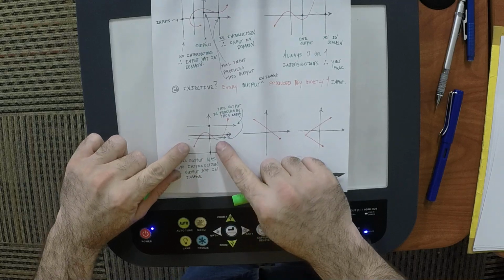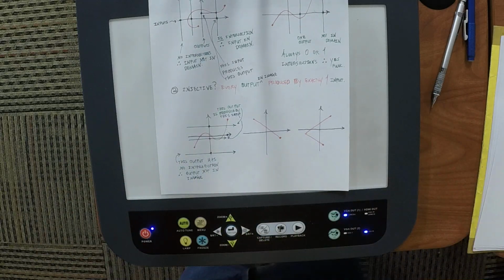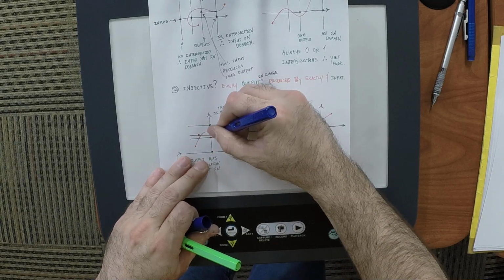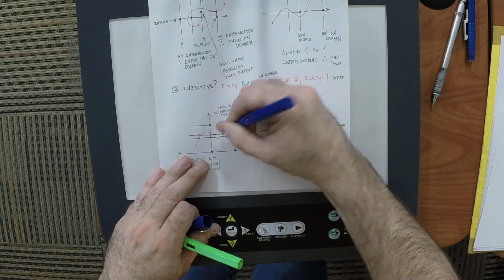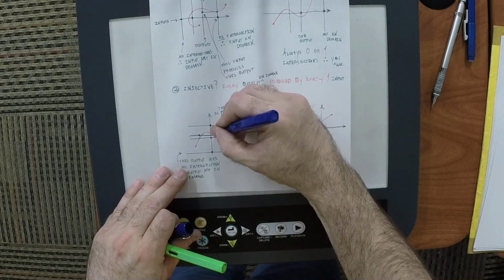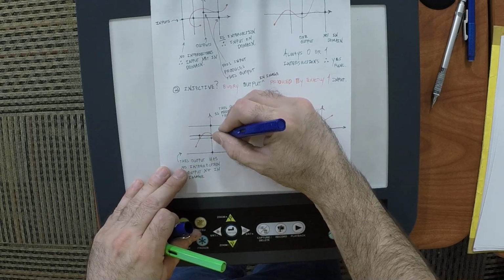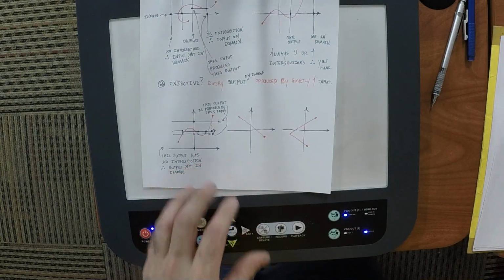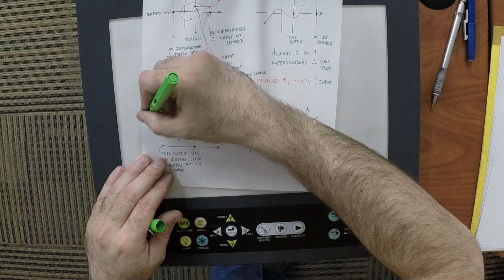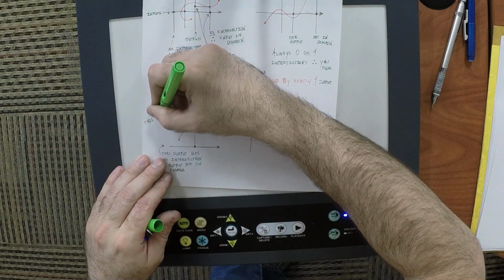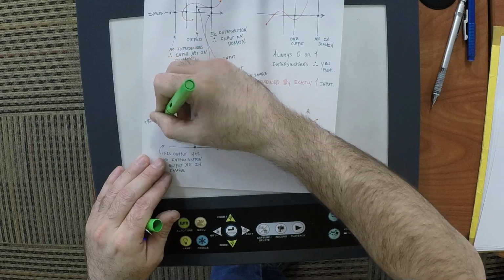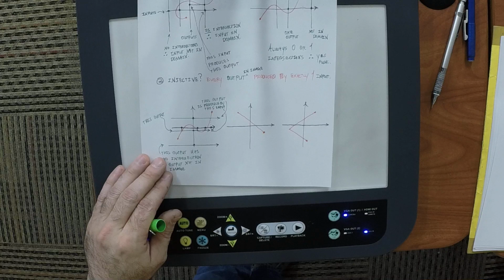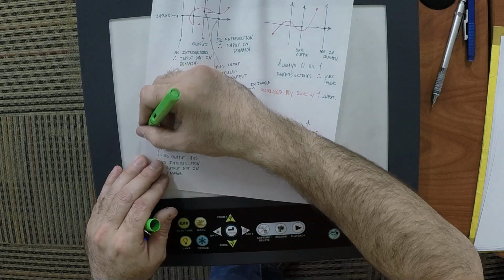So notice that, in fact, there's three buttons. You could press that one, or that one. So that output right there is produced by three inputs.